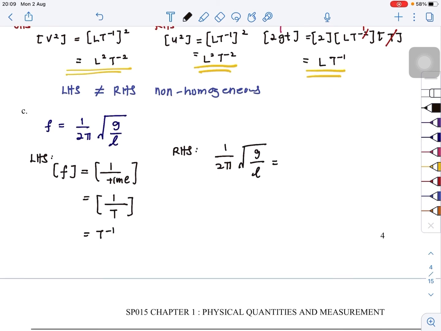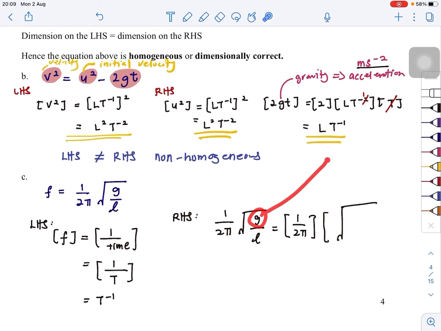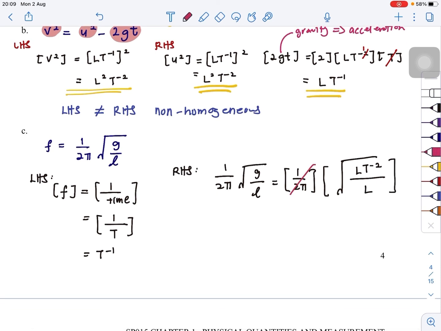Okay, so now dekat sini kita ada 1 over 2 pi. So the number doesn't have dimension. And then we have the square root of g. So g dekat sini adalah acceleration. So benda yang sama dengan tadi, which is ni adalah dia punya dimension L per t square divided by the length, which is just L. So benda ni tiada.